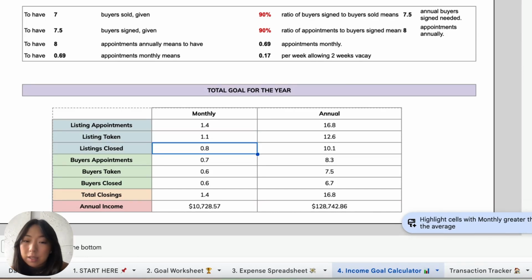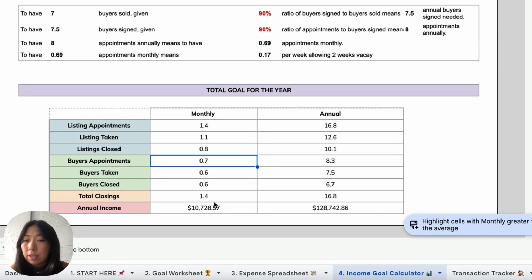Of course, you can round this up, but I've left it in decimals just so you can see, because for the buyer section, if I didn't have these decimals, you would see that everything says 1. But essentially, you need 1 buyer appointment to take approximately 0.6, 1 buyer, and then close them. And so monthly, you're looking at 1.4 closings a month.